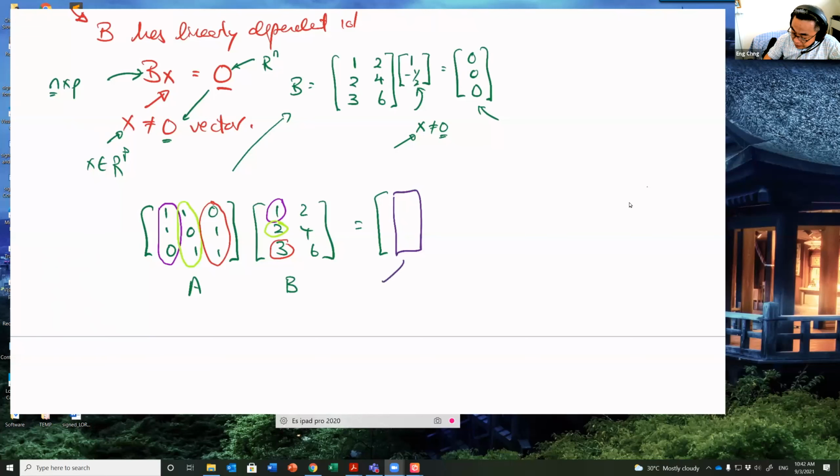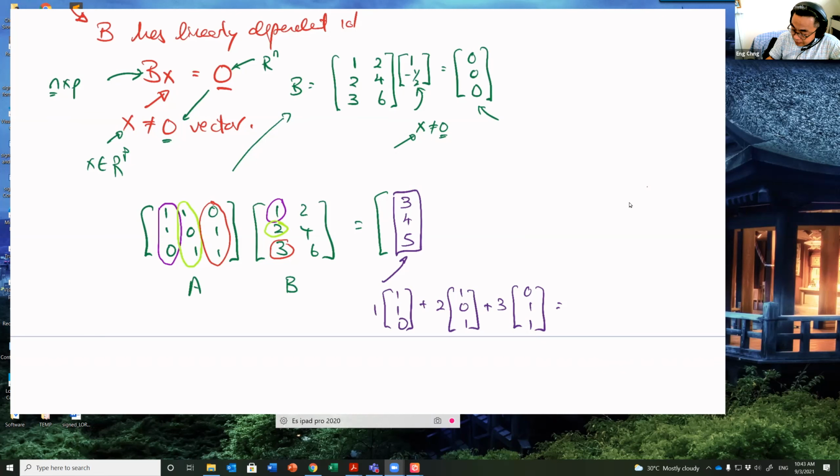So this value is equal to 1, 1, 0 times 1 plus the second, 2 times 1, 0, 1 plus 3 times 0, 1, 1. The answer is 3, 4, 5. You go and figure this out.